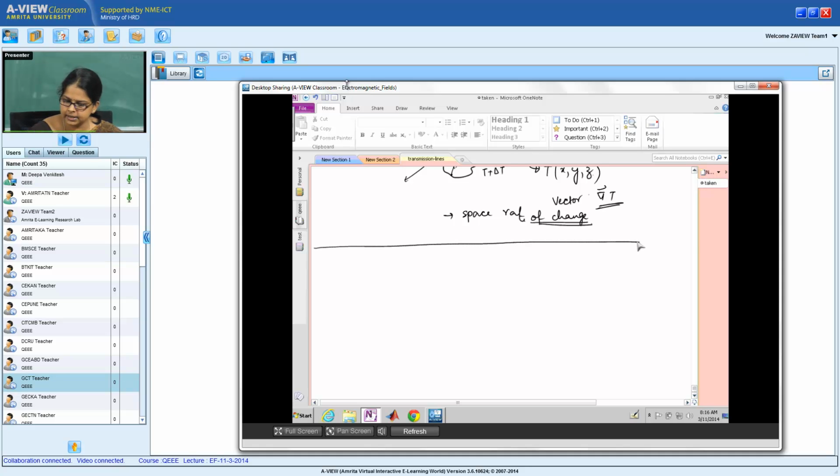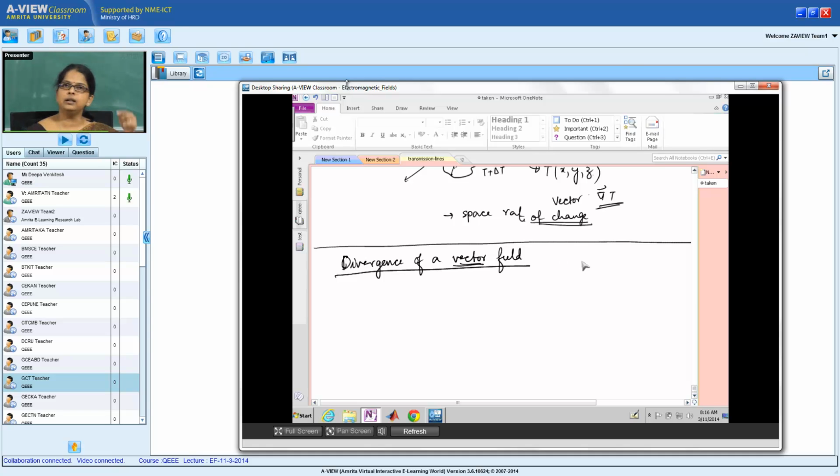The next concept that we need to remember, or we will keep calling, is divergence of a vector field. Now I am going to be talking about a vector field. How do I distinguish a scalar field from a vector field?